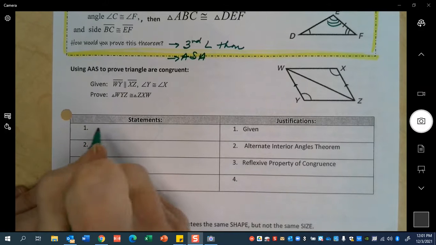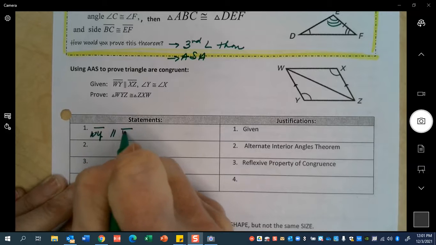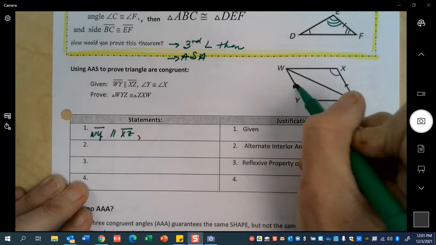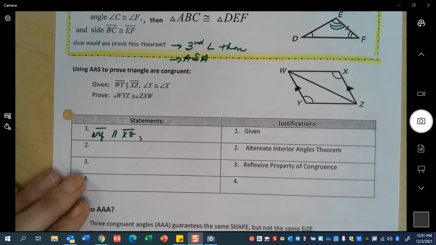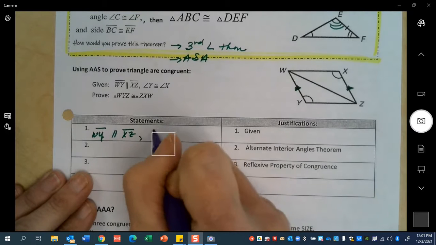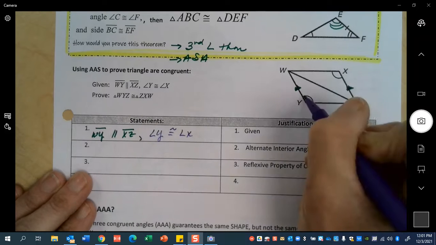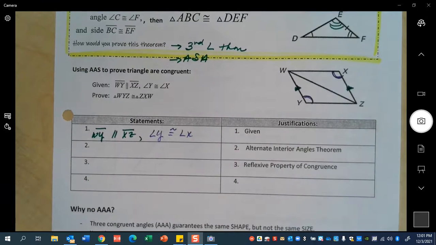Our given statement is that segment WY is parallel to segment XZ, and this is already marked on my diagram. I'm a huge diagram talker. I think it's important that every time somebody gives you information, you make sure that you represent it on your diagram. Sometimes the diagrams have the markings on them. Sometimes they don't.